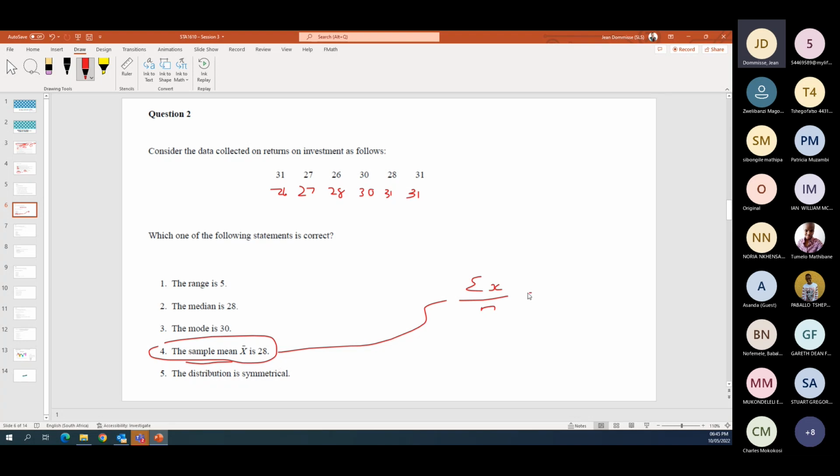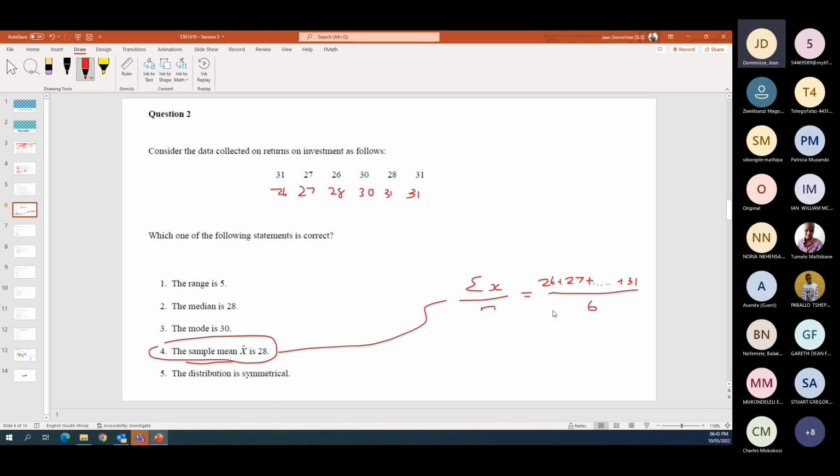So it is 26 plus 27. So we need to then say plus 28. I'm not going to write everything down, but until the last 31, and we divide that by 6 because that is the sample size.